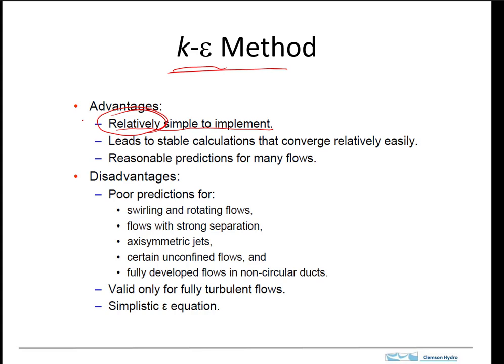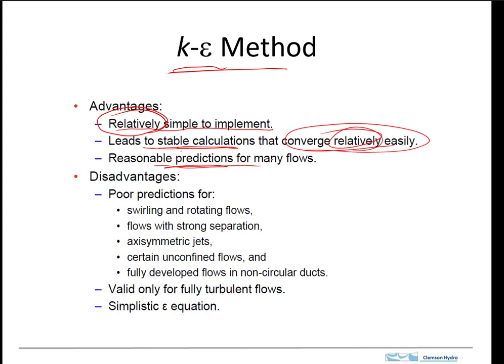It ends up being 4 governing equations, but it's simpler than some of the other approaches, and it works pretty well. It leads to stable calculations and converges relatively easily. Again, relative is the operative word here, and it gives decent results for many flows.